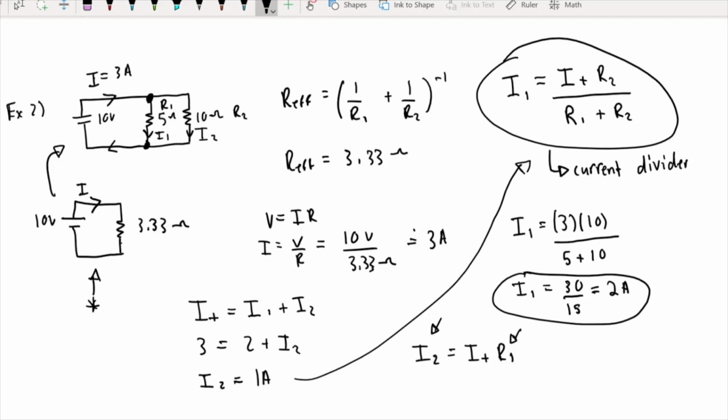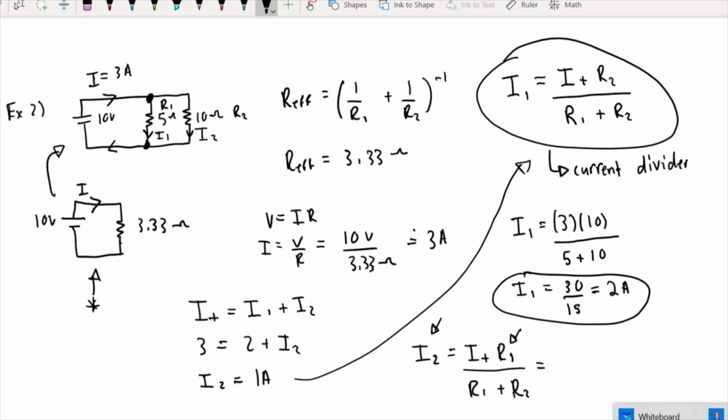So the resistance at the top this time is R1. As we mentioned before, the current traveling through a path depends on the resistance on the opposite path. So keep that in mind. That's also something students mess up on a lot. So we use the opposite resistor when we're trying to find a specific current. And then it's also just going to be R1 plus R2.